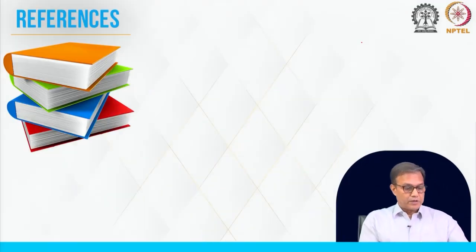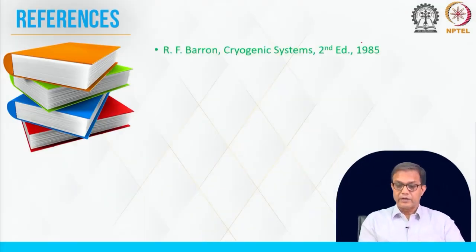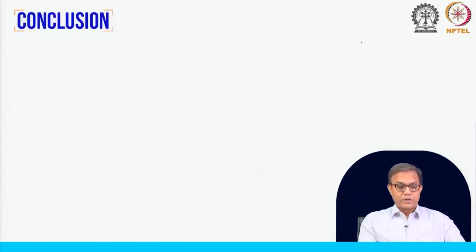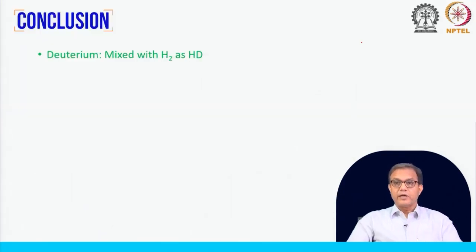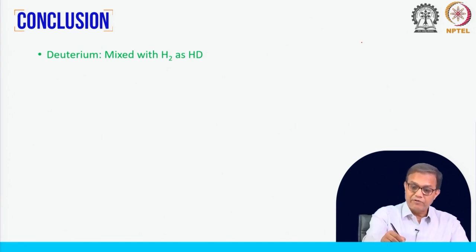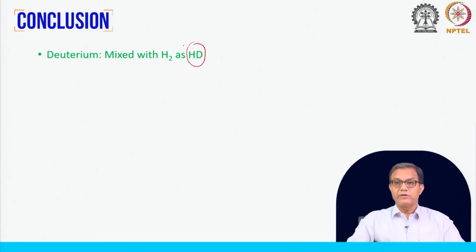So, these are the references, taken from Barron's book of cryogenic systems, and let us look into the conclusions then. We have seen that deuterium is not available freely in nature. It is mixed with hydrogen, available in the form of hydrogen deuteride, and that too in very minuscule quantity.